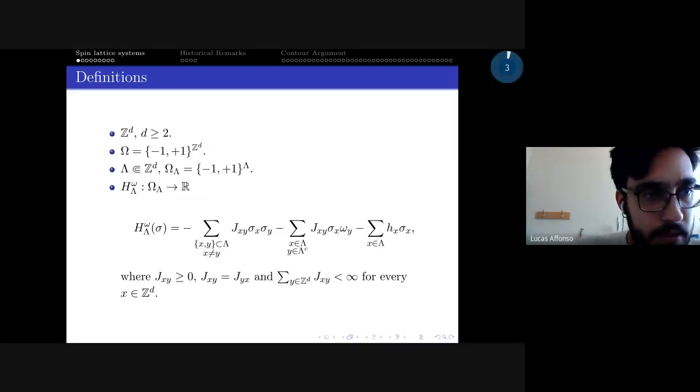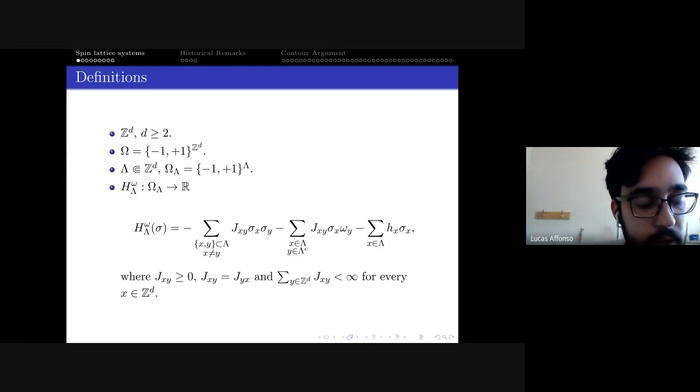So the basic definitions is that we start with the Z^d lattice for dimension bigger or equal to 2. We will stay with the configuration space being this one, the Omega that you are seeing there. We only have 2 spins, and the system we will be studying or talking about today is the Ising type systems that have this general form, as you are seeing by the Hamiltonian.